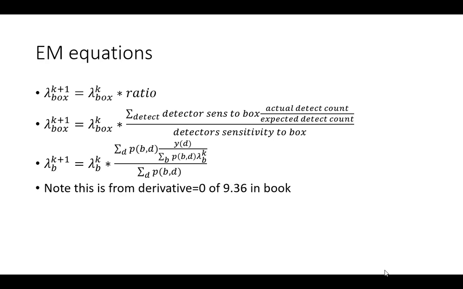So let me just say over B, and this is boxes. The book uses N. I do not use N because it's not what the literature uses. So the book is trying to give you new variables that look kind of pretty, but then it doesn't correspond to anything in the literature.